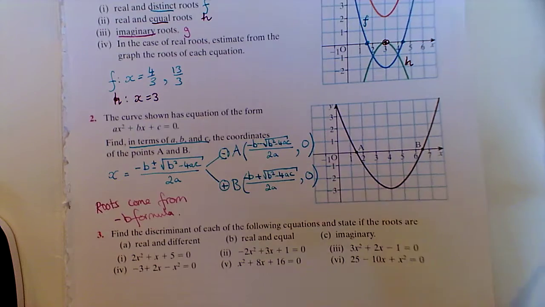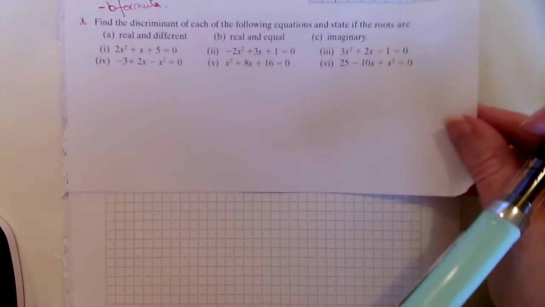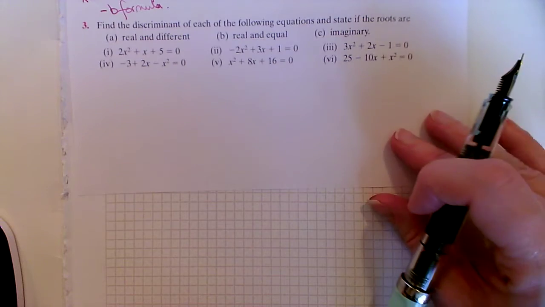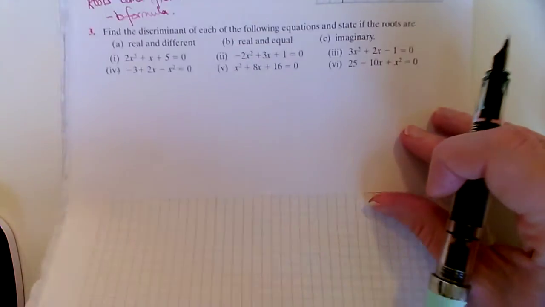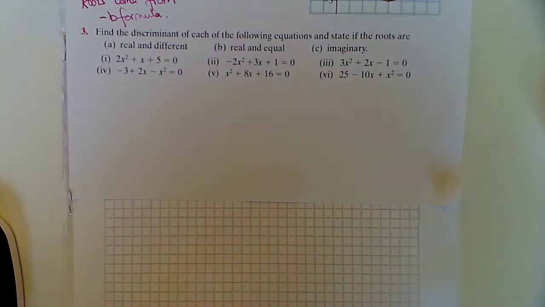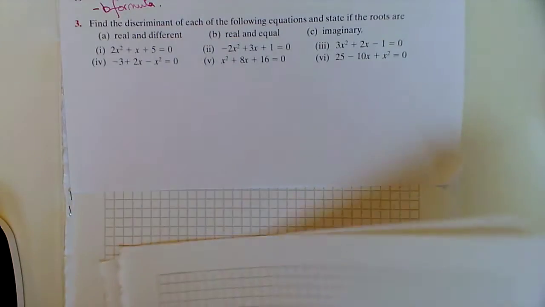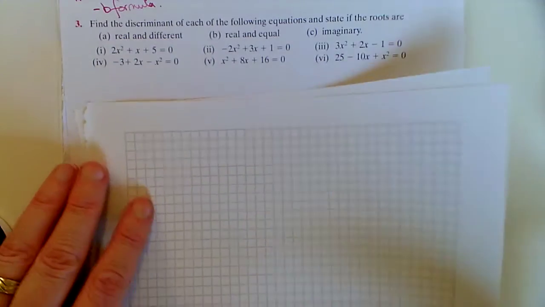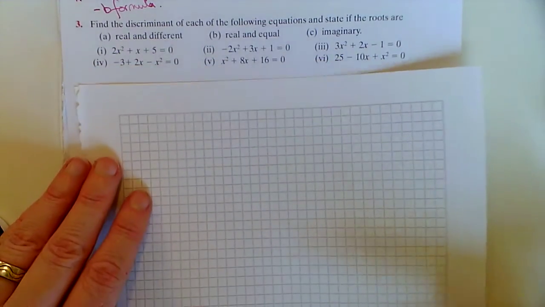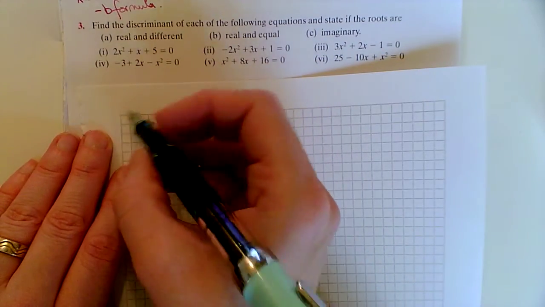Now, in question 3, you have to find the discriminant of each of the following and state if the roots are real and different, real and equal, or imaginary. So we're not going to actually find the roots, but find the discriminant in each case. Question 3, I'll do it on some paper so that we've got space to work it out.